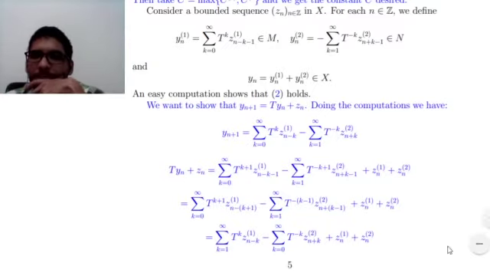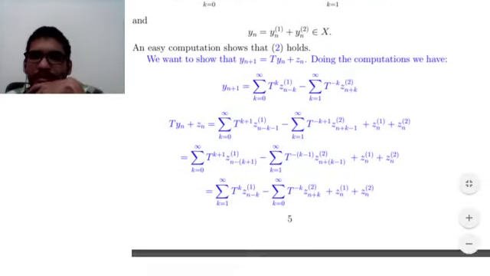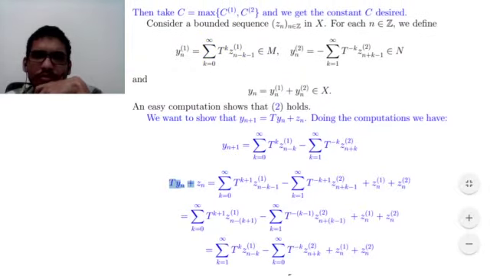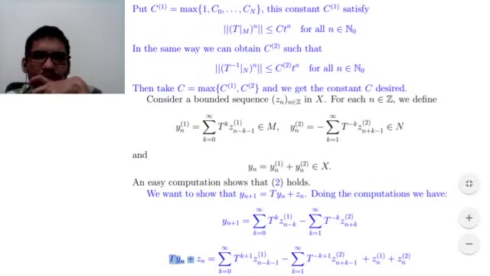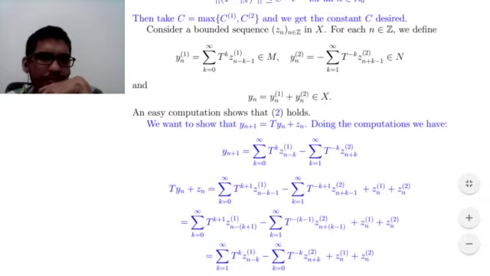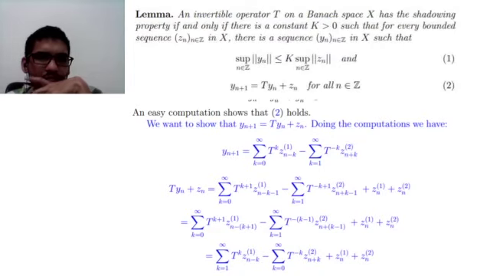Okay, so you see that this t of yn plus cn is equal to yn plus 1. This is what we wanted to see. Remember, this is the second condition of the lemma. Okay, the second condition of the lemma is just a computation.